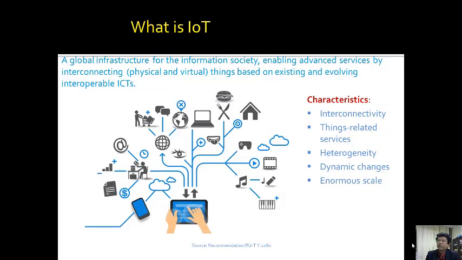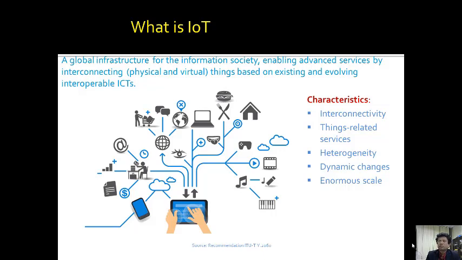Or if you look at the ITU definition, it is a global infrastructure for information society, enabling advanced services by interconnecting things, physical and virtual, based on existing and evolving interoperable ICTs.